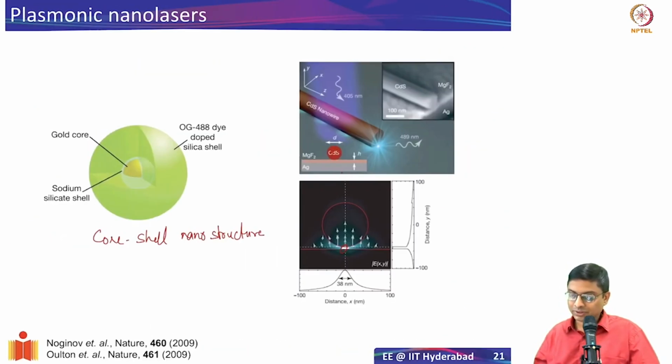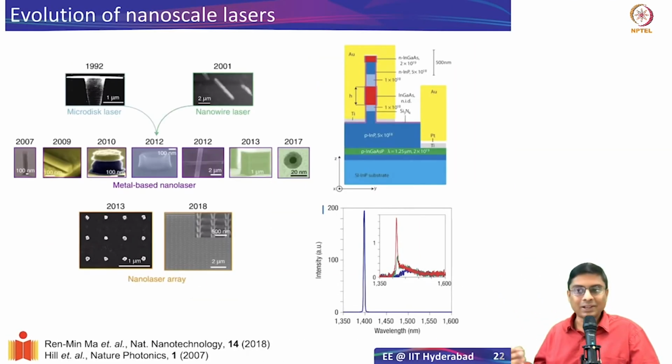The previous 2 demonstrations are actually optically pumped. Optically pumped is nice, but eventually if you want to integrate it in terms of technology, you would want an electrically pumped laser. So even though this is not sub-wavelength, I like it because it's one of the first demonstrations of electrically pumped lasing from metal dielectric structures. This was, I think, done in 2007.